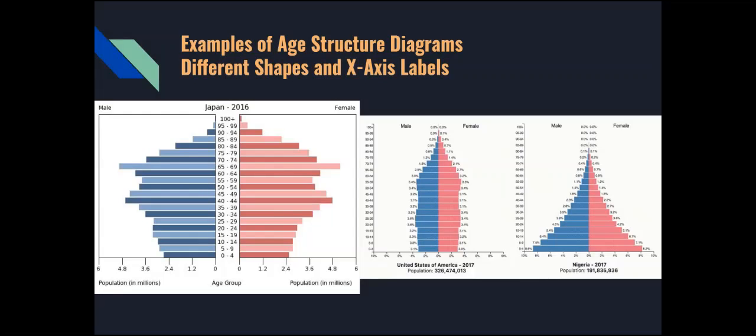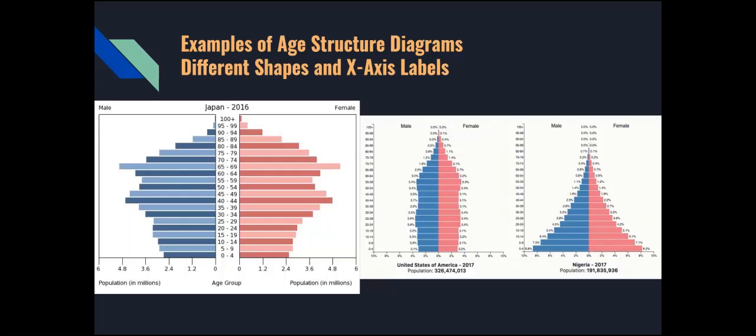And these are just some of the examples of population pyramids or age structure diagrams. And you're going to notice that there are different shapes, but also that there might be some differences in the labels. So in the one for Japan, if you look at the bottom, the age groups are represented in population in millions.